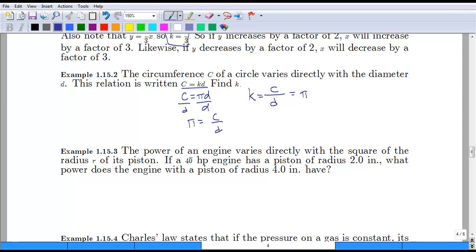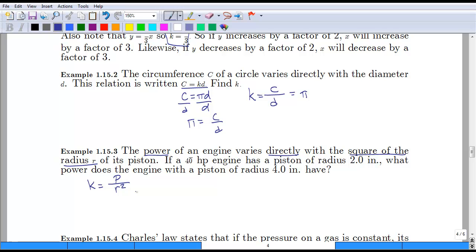Let's look at another example. It says the power of an engine varies directly with the square of the radius r of its piston. So let's write that down first. k is equal to, so this is varying directly, we're going to have division. The power P varies directly with the square of the radius. So in this case, we're going to have radius squared.